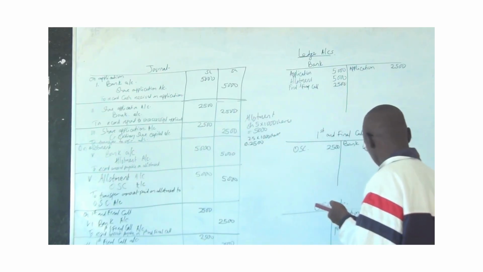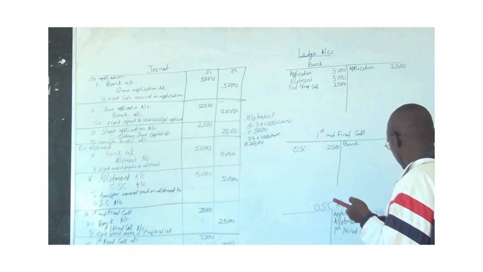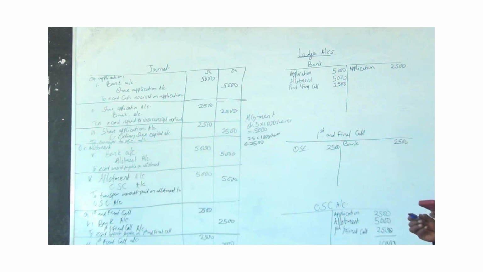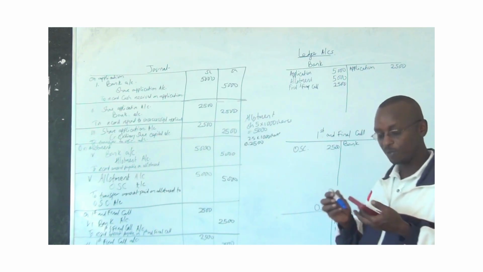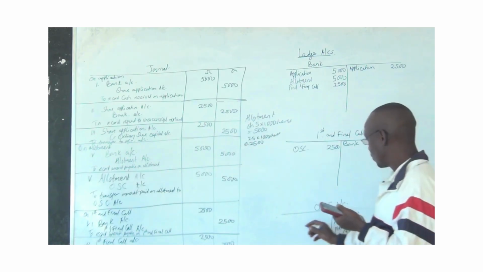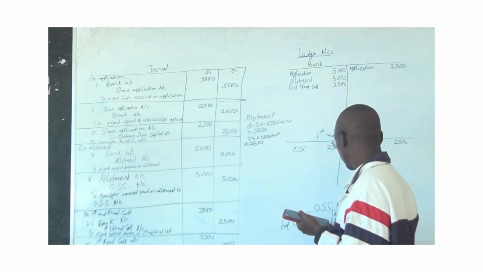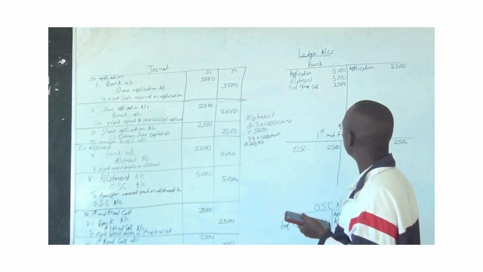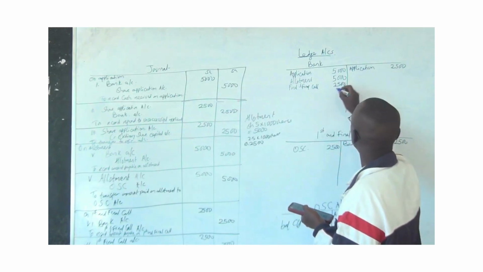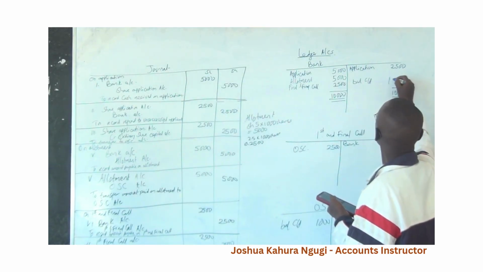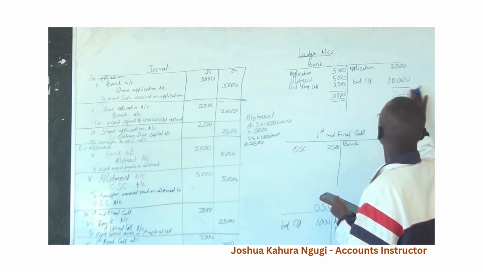So at last our ordinary share capital account will have a balance carried down of 1,000, and this one will have our balance carried down of what? 2,500.